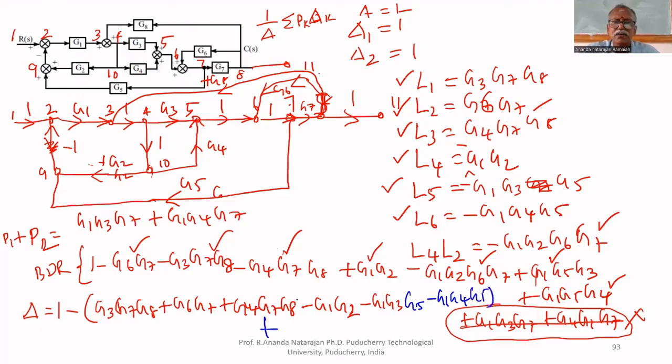That's all. Plus, what is the formula? 1 minus, these are all. Again, plus 2 non-touching loops.